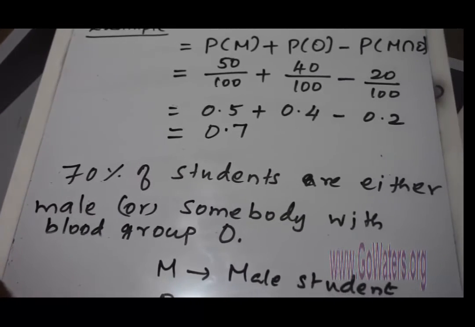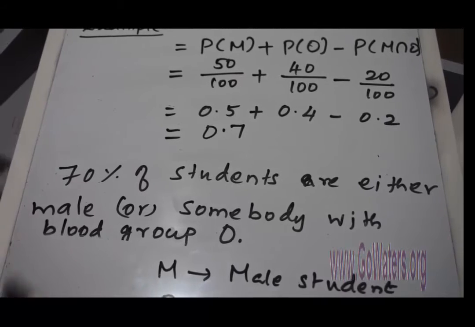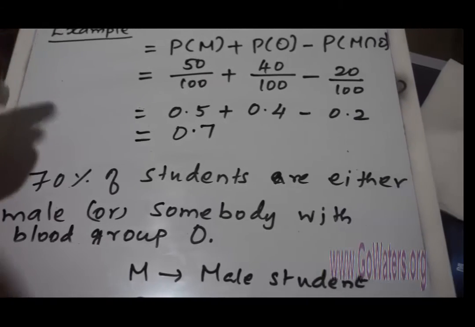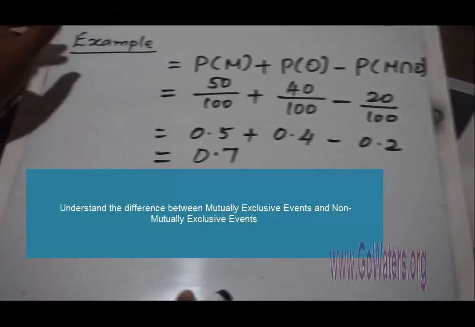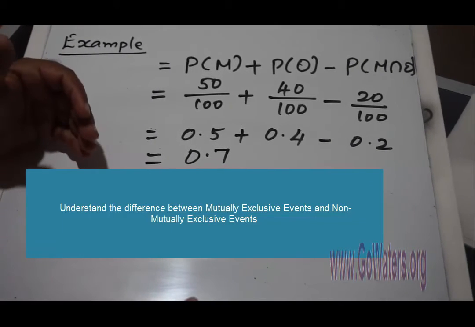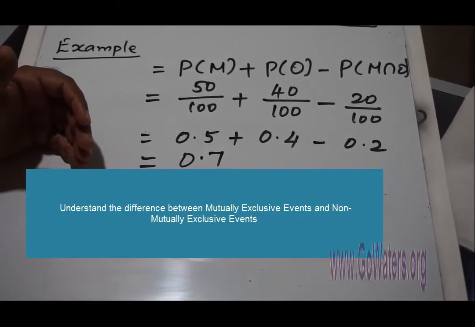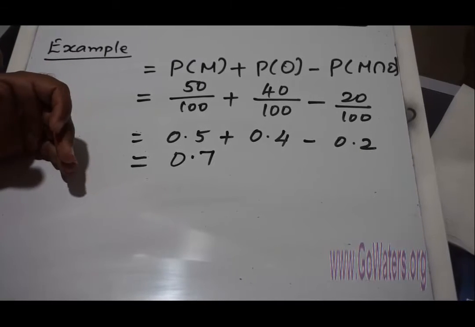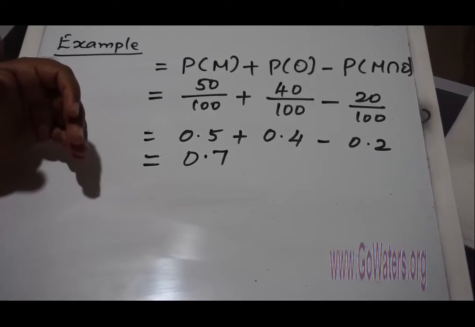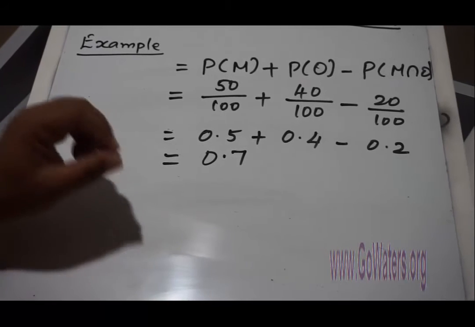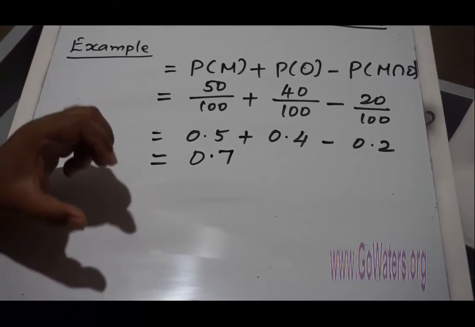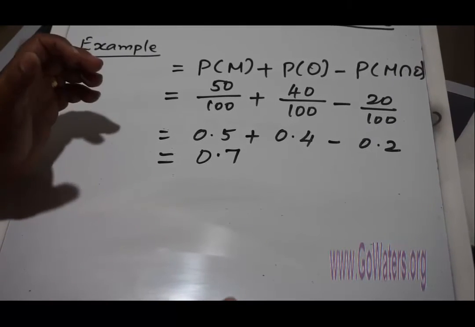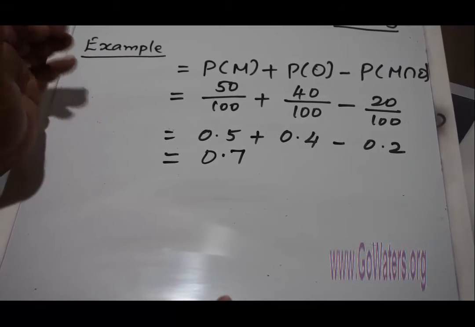So when you use the same addition rule of probability in two different situations, understand the difference between mutually exclusive events and non-mutually exclusive events. Mutually exclusive events means two events cannot happen together, right? And non-mutually exclusive events means two events can happen together, right?